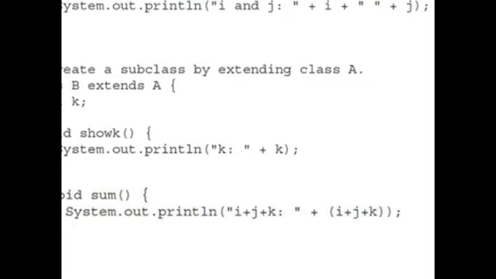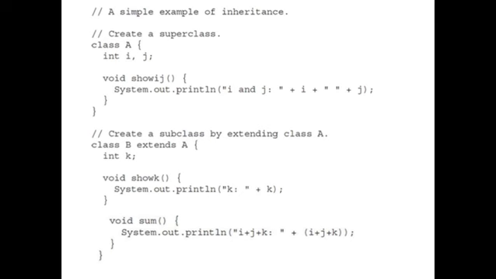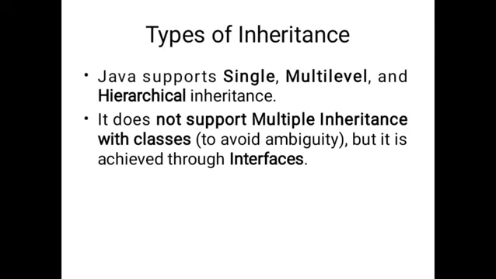The i and j values are declared in the superclass, the parent class A, and the k value is declared in the subclass, the child class. So that is the example of inheritance.